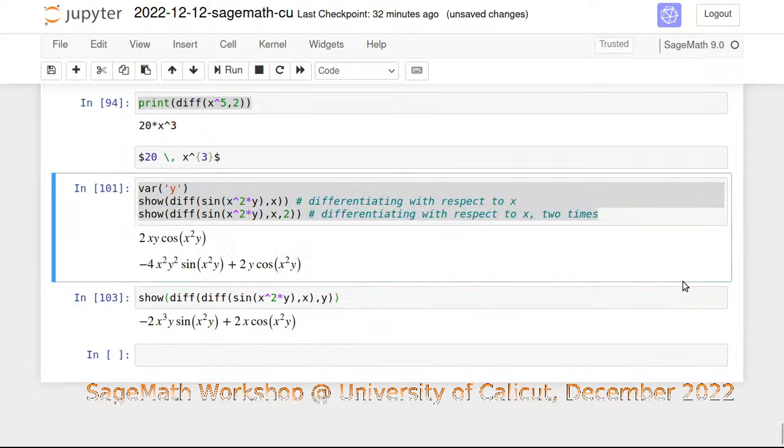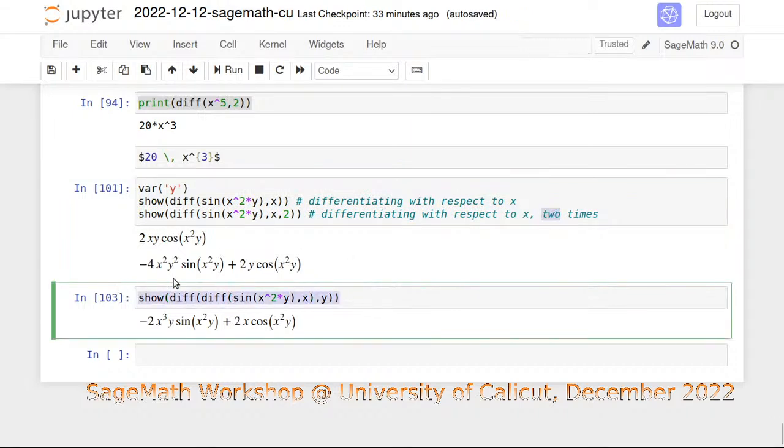Oh, sorry, this is differentiating with respect to x. Okay, that's correct. So this is the command. So it's updated.